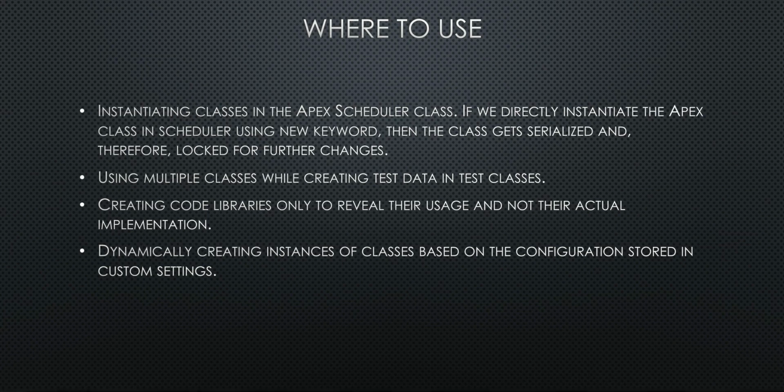We can create code libraries to only reveal their usage and not their actual implementation. We have done that, where we are hiding the logic. We can use it to dynamically create instances of a class based on configuration stored in custom settings. This is what we just did. There are other places also where you can leverage this, but these are what come to mind at the moment.